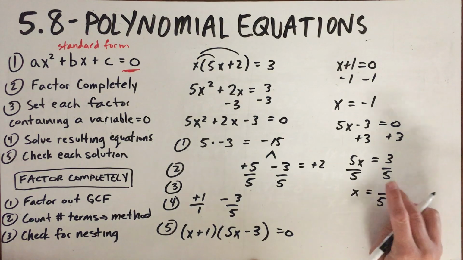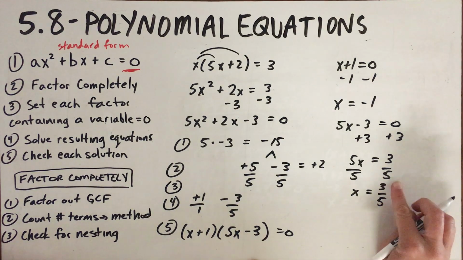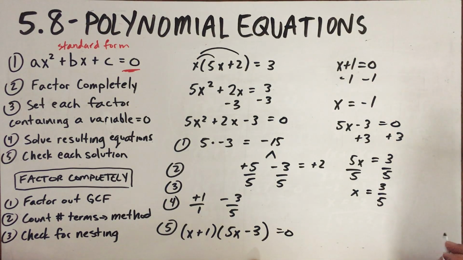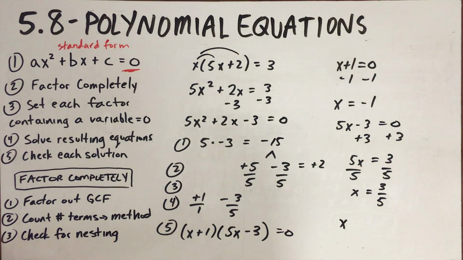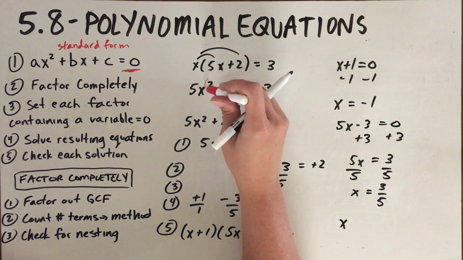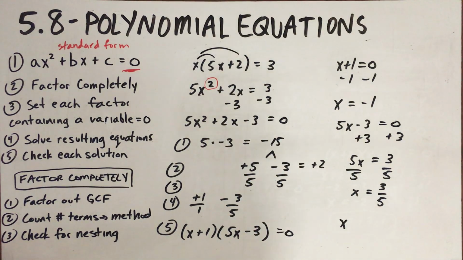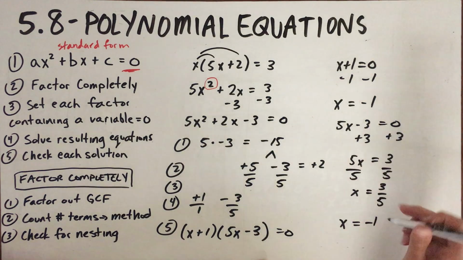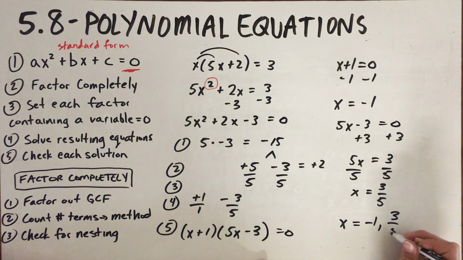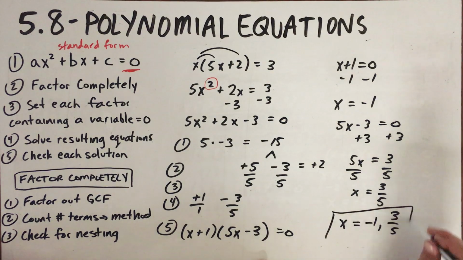That's hard to tell. See, 3/5 here. Okay, so my two values, which we know we're going to get 2 because this polynomial has a degree of 2, are x is equal to this -1 right here and the 3/5. So those are my two answers.